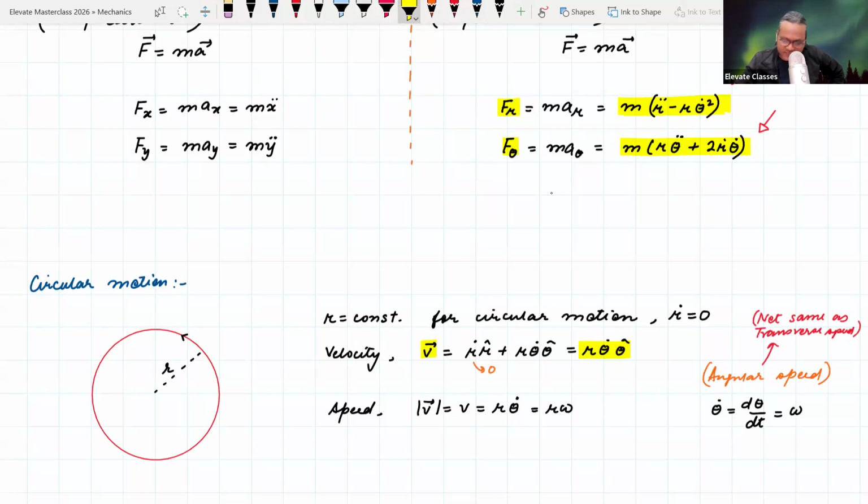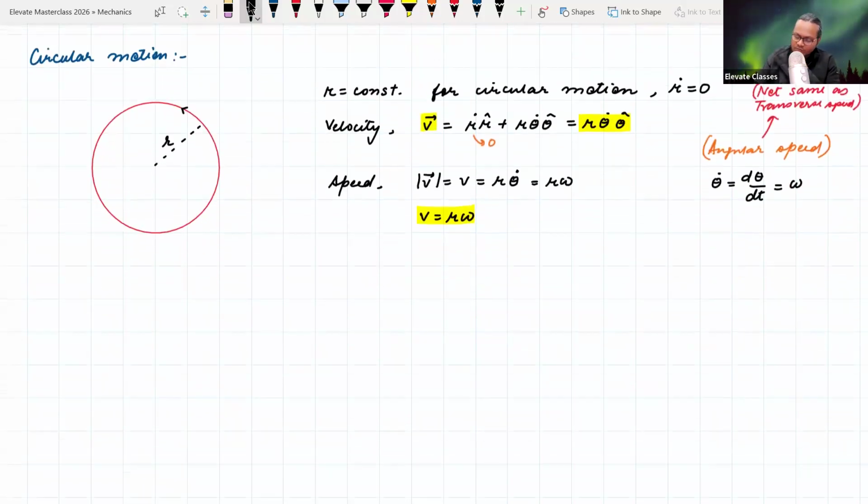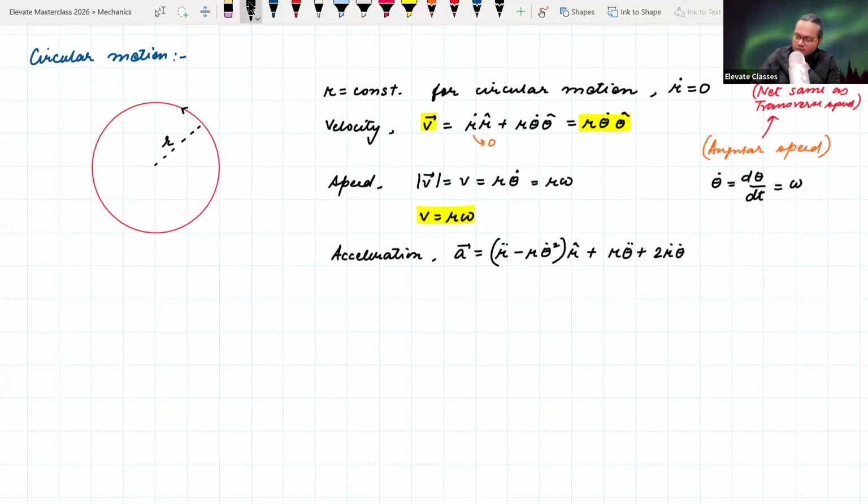So therefore, you have this expression, v is equal to r omega. So the speed of a particle in pure circular motion is equal to its radius times the angular speed. That's it. And if we look at acceleration, a is equal to (r double dot minus r theta dot square) r cap plus (r theta double dot plus 2 r dot theta dot) theta cap.